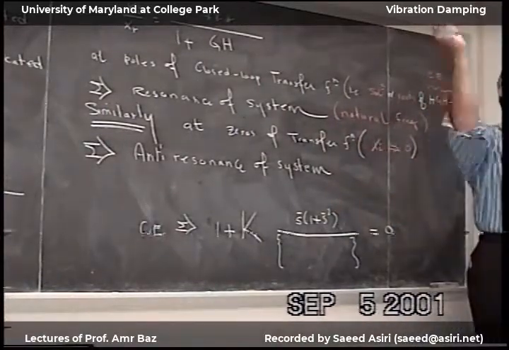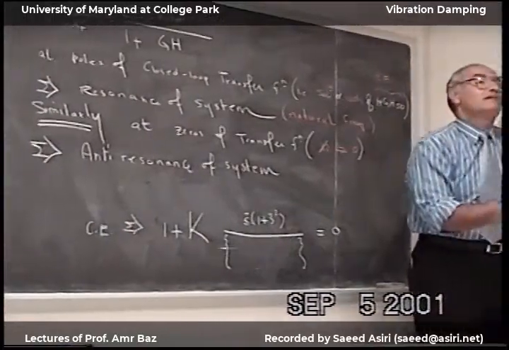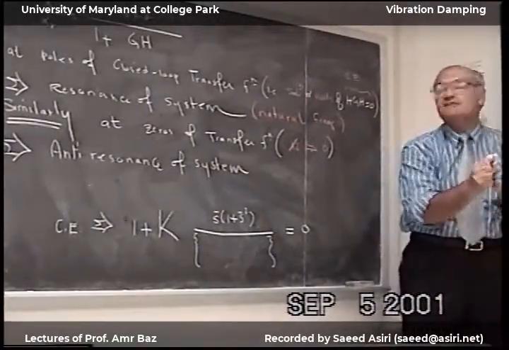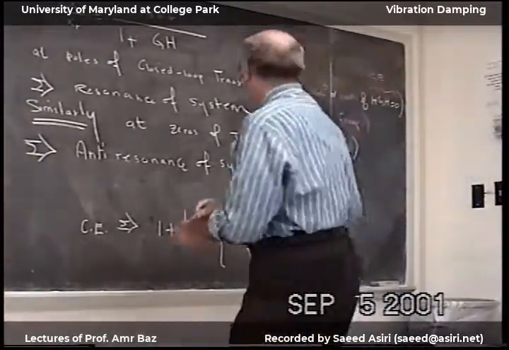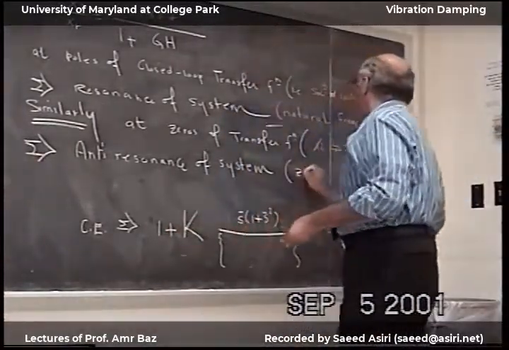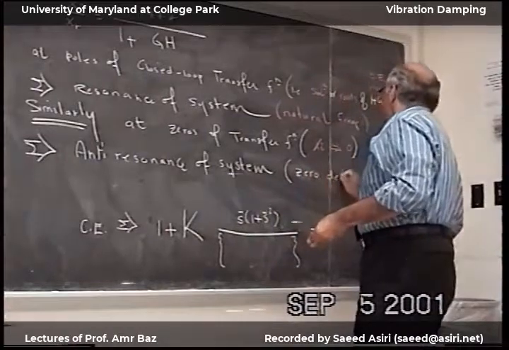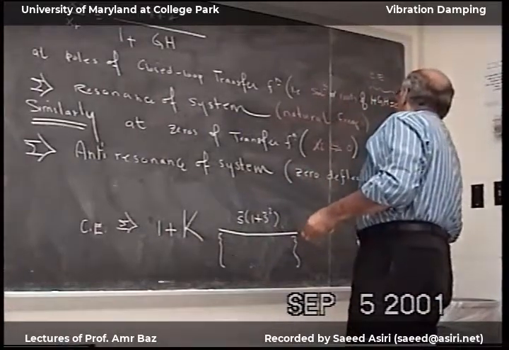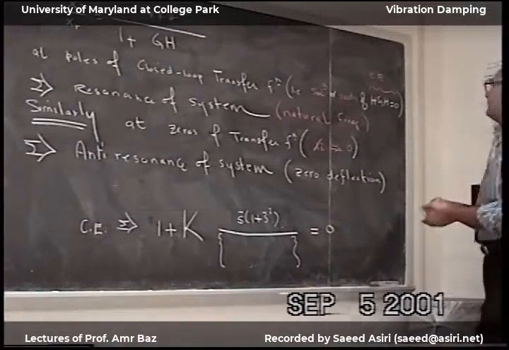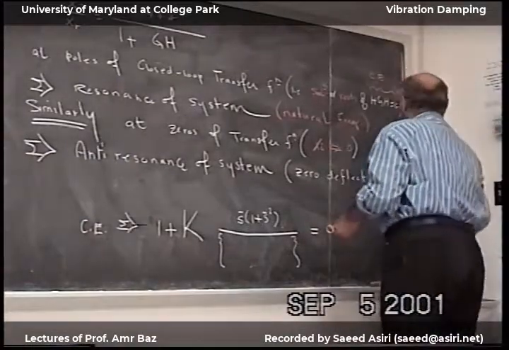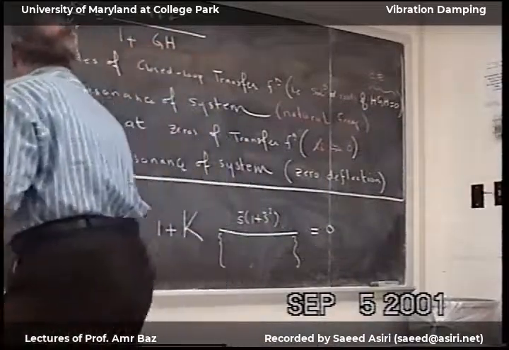And when you look at the response and you see very small valleys, then these valleys occur at the anti-resonance of the system. Zero deflection. Again, this is just a little note here, and we'll elaborate on this later on.